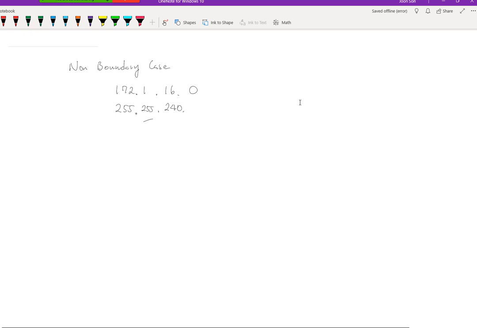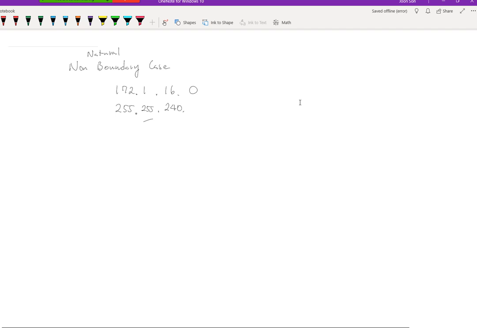Before this class, if everything is classful, we really cannot see this in the subnet mask. But now we are talking about the non-natural boundary case. We know that now we can have a subnet mask like this that does not have to end at the natural boundary of 8, 16, 24.